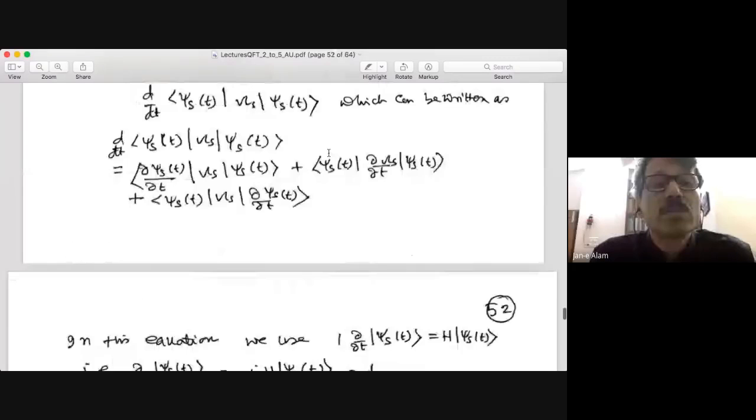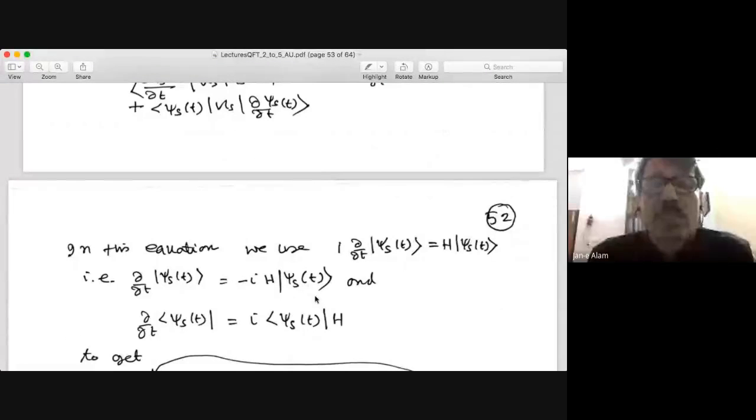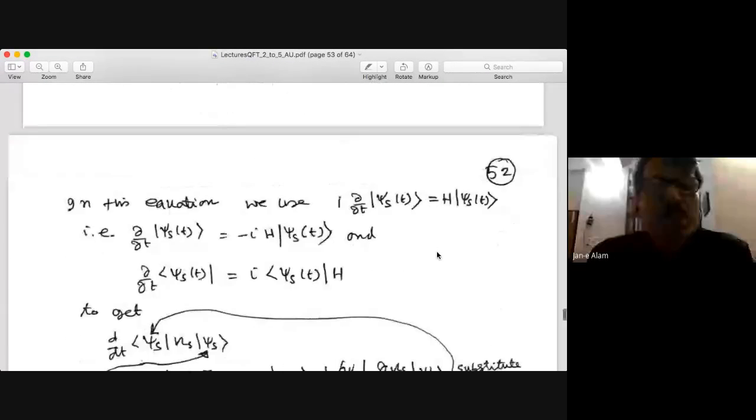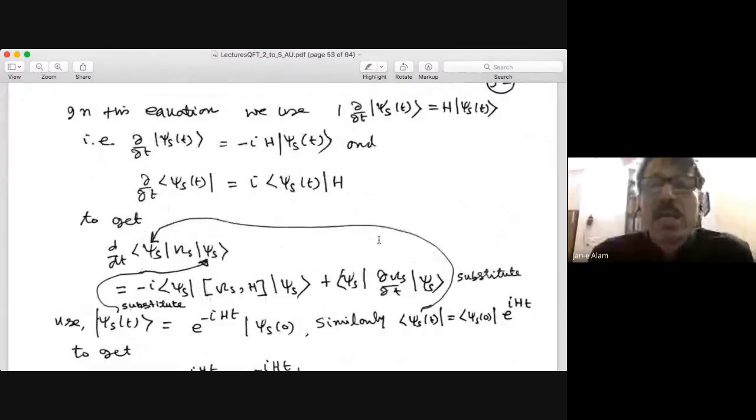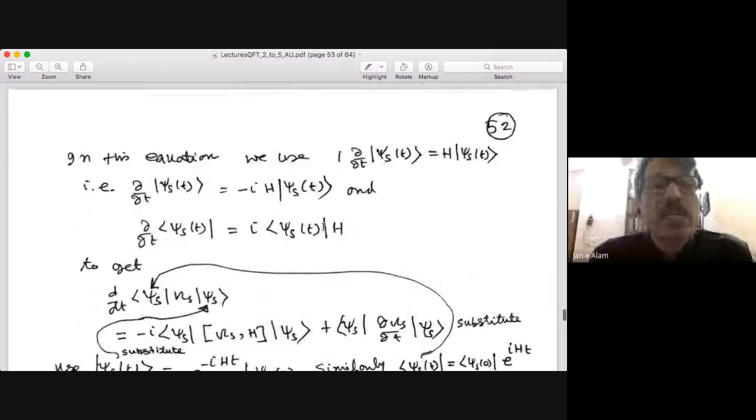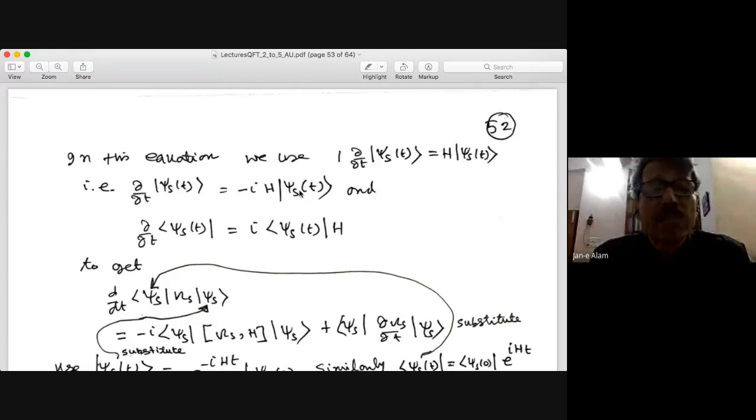These are the two equations they satisfy. So when I have a derivative of the ket vector, del psi del t, I can write this as minus i H times psi_S.